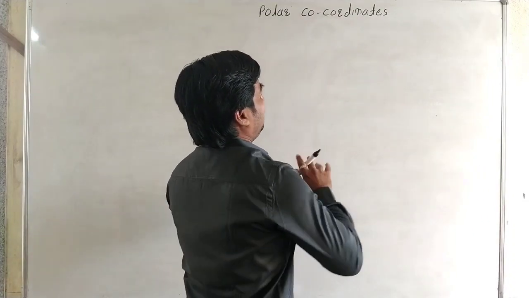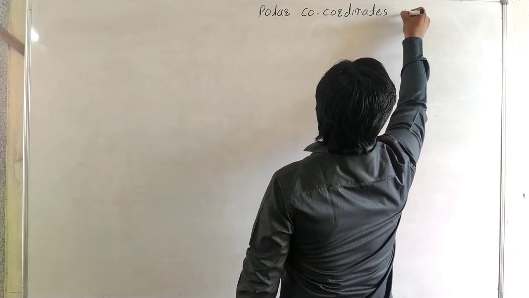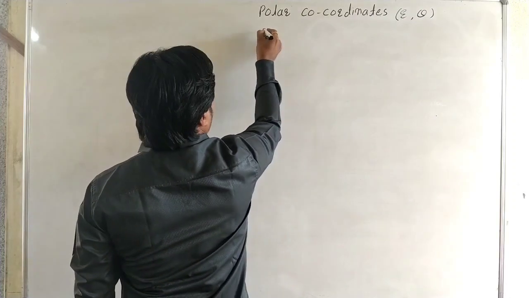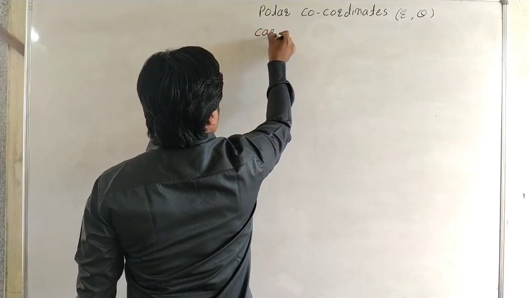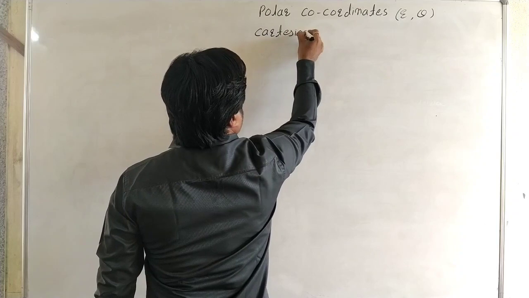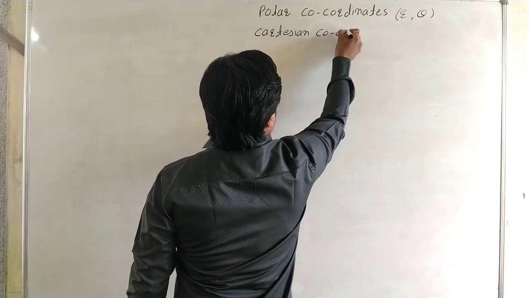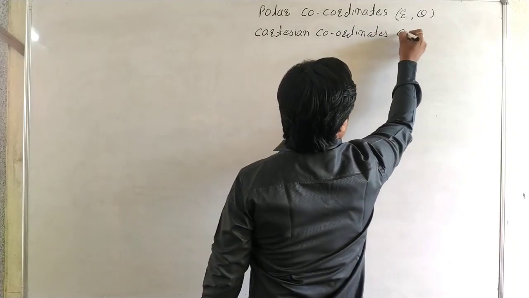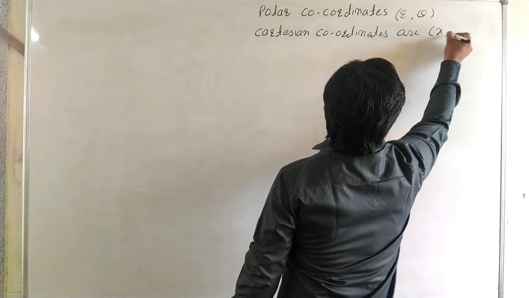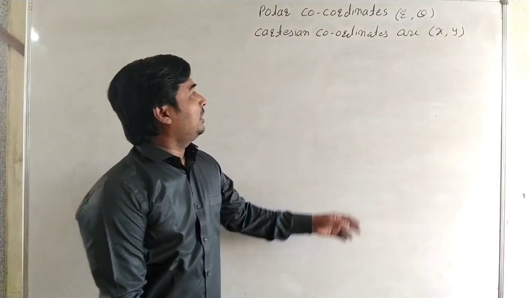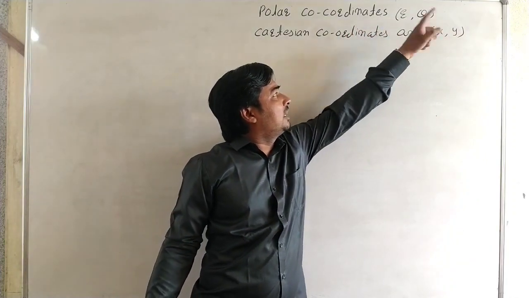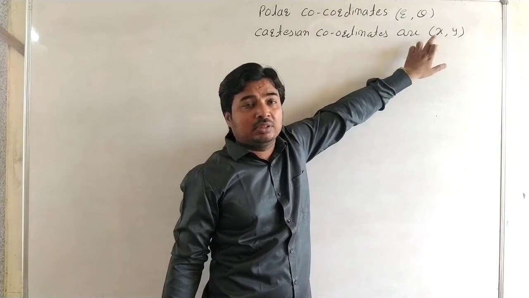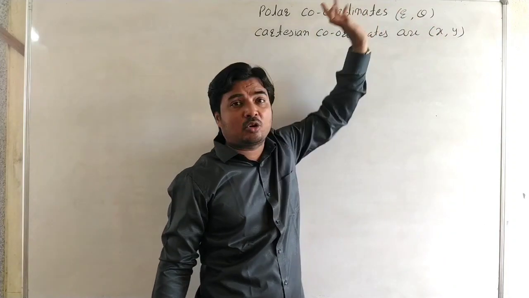The polar coordinates are r comma theta and the Cartesian coordinates x comma y of the same point. If r, theta are the polar coordinates of a point, we find the Cartesian coordinates of that point, and if x comma y are the Cartesian coordinates of the point, we find the polar coordinates of that point, r comma theta.